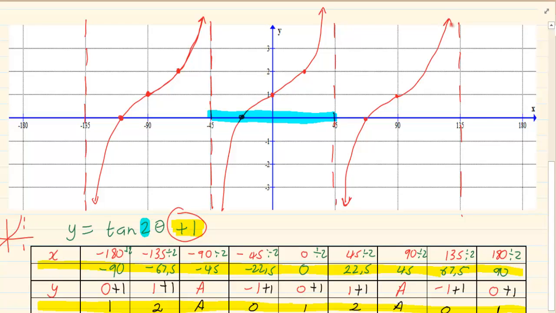Because the graphs repeat themselves. If you wanted to continue here, you know it's going to be on minus 180 and it's going to go up. Here it will be on 157,5 and 180. But remember, these other points, if you continued with the table, you would get them because the pattern keeps on repeating itself.